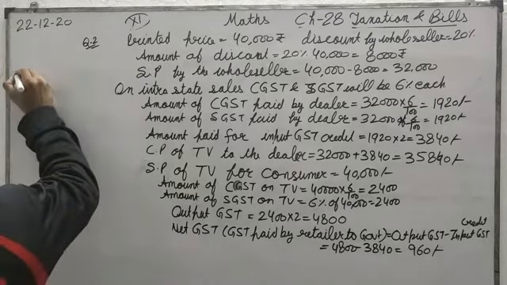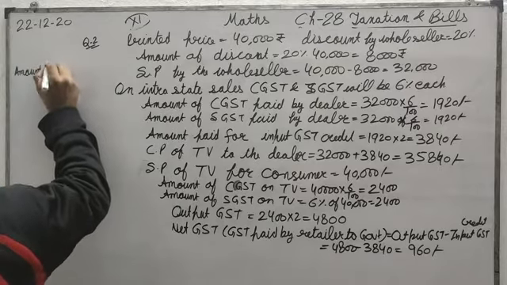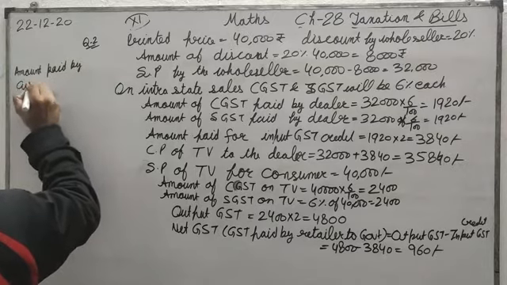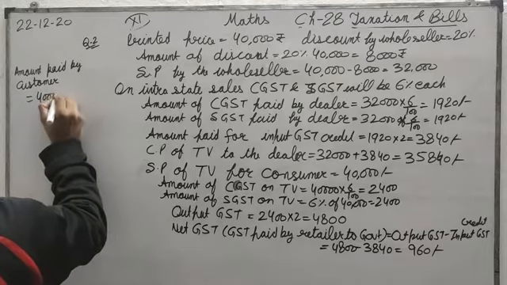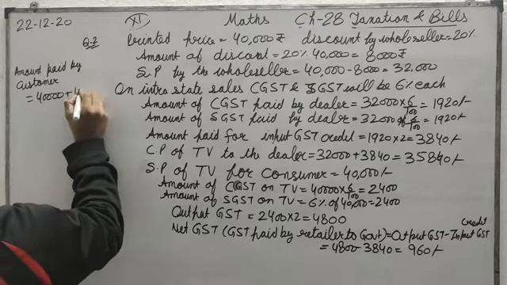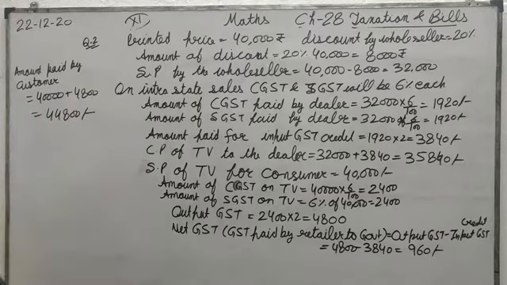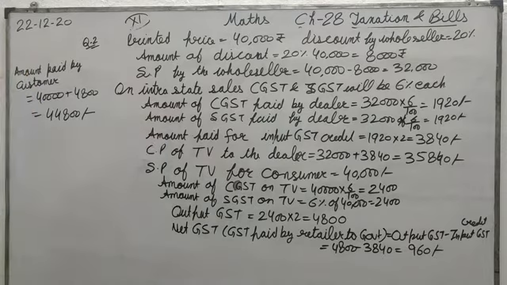Now customer amount paid by customer 40,000 plus 4,800, so 44,800 rupees consumer will pay to the dealer to purchase this TV. This is the answer of the third part. This is the answer of the second part. Now GST paid by the consumer.